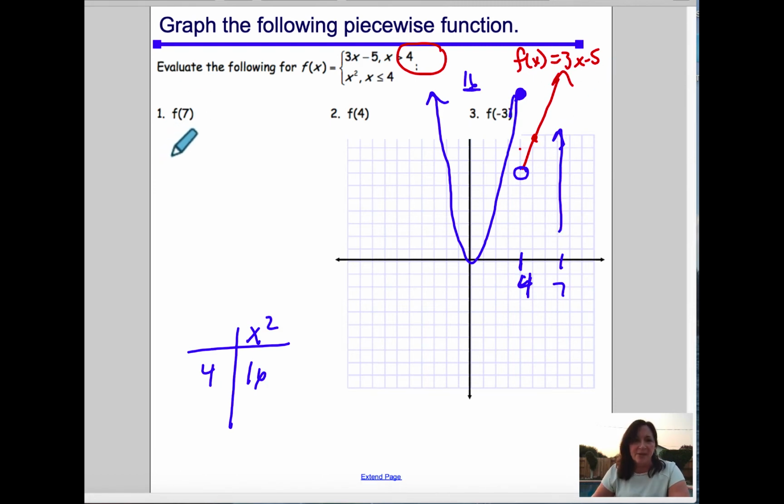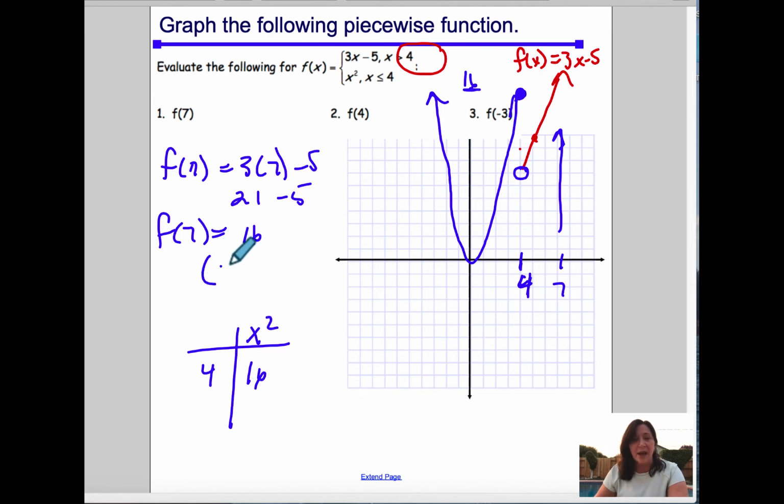So that means f of 7 is equal to 3 times 7 subtract 5. So 21 minus 5, which is 16. So f of 7 is 16, which means that (7, 16) is actually a point on my graph. So if I go over 7 and up 16, there's a point on my graph.